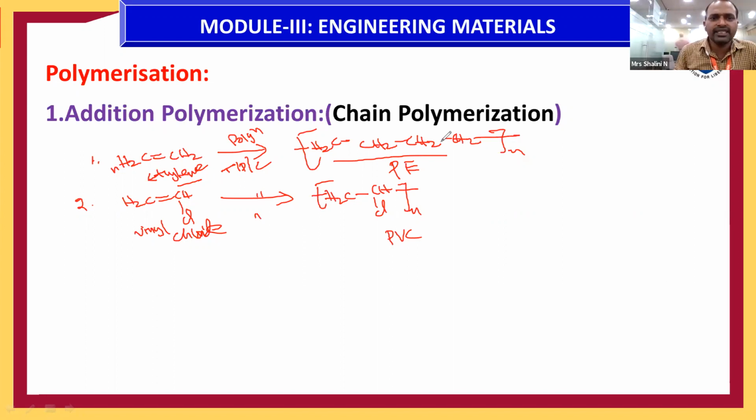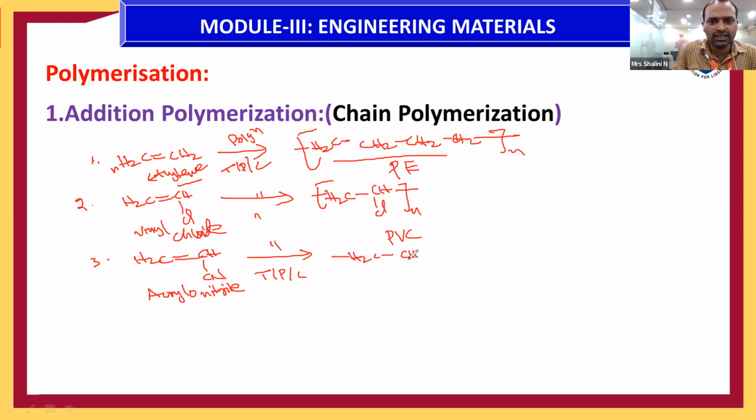So now students listen, addition polymerization. The first one is ethylene, and the next one is vinyl chloride. The third one is acrylonitrile, H2C=CHCN. CH2=CH2 is ethylene, CH2=CHCl is vinyl chloride, and this one is acrylonitrile. Acrylonitrile undergoes polymerization in the presence of temperature, pressure and catalyst to form H2C CHCN taken n times.